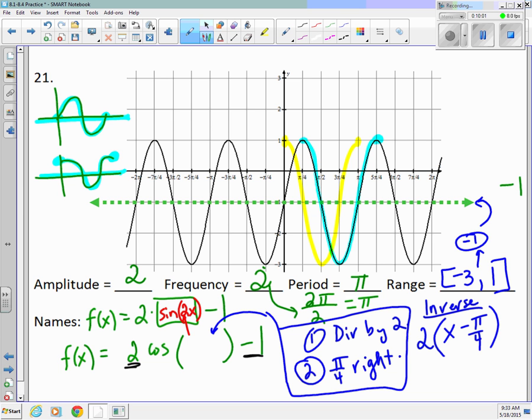Notice I needed parentheses because I want to do this step last and this step first to invert my function. And so now my transformation becomes 2 cosine of 2 parentheses x minus pi over 4, minus 1. And that graph would also give me the graph that we want. And that gives us 2 names. Not too bad.